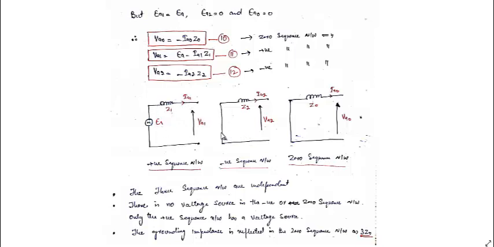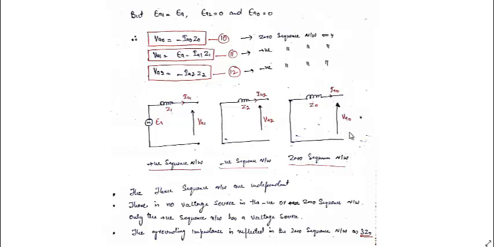Similarly, we don't have a voltage source in the negative sequence network. We have only minus IA2 Z2. You can see the direction: this will be positive, this will be negative, and VA2 is positive at this point, which means VA2 will be minus IA2 Z2. Similarly, VA0 will be equal to minus IA0 Z0.